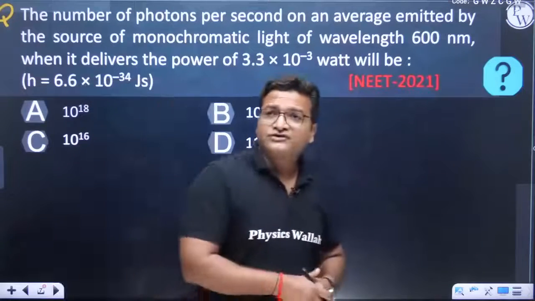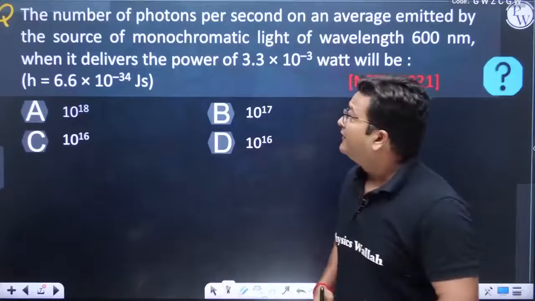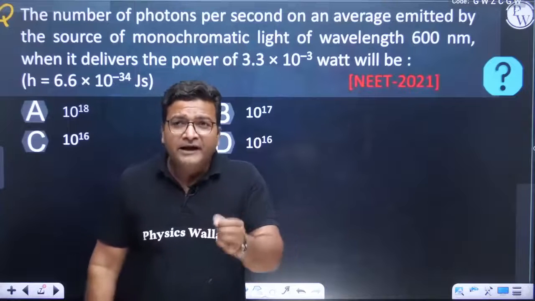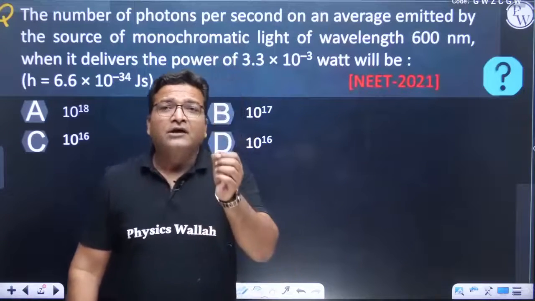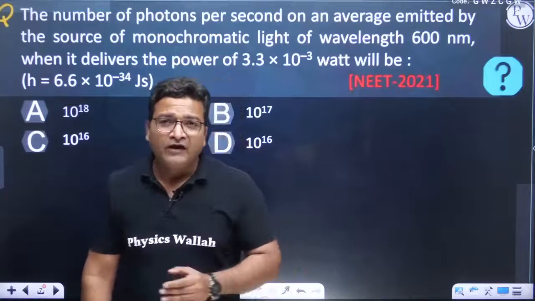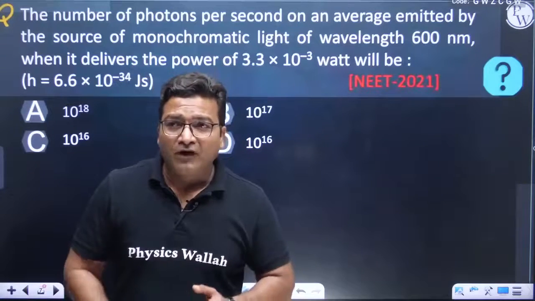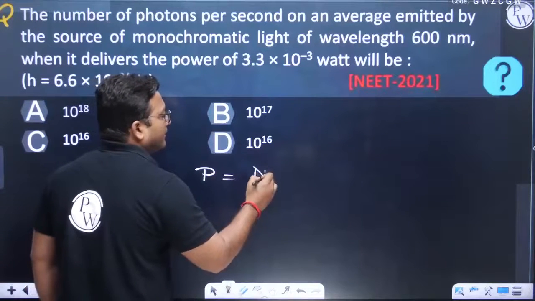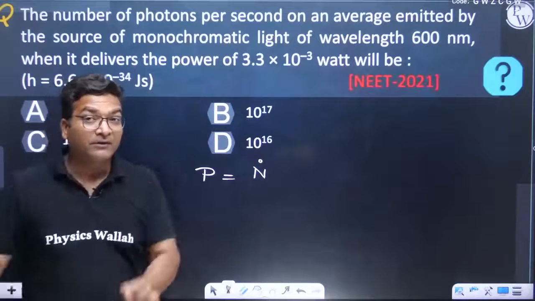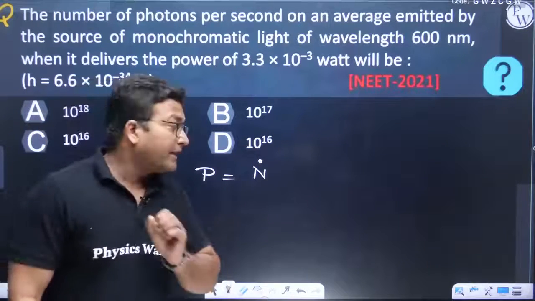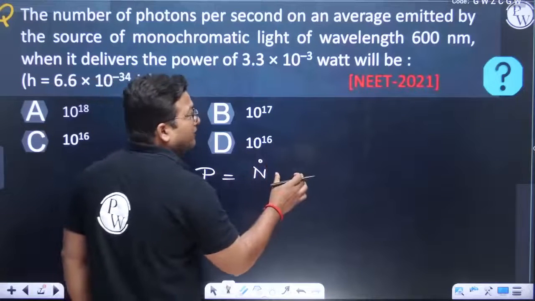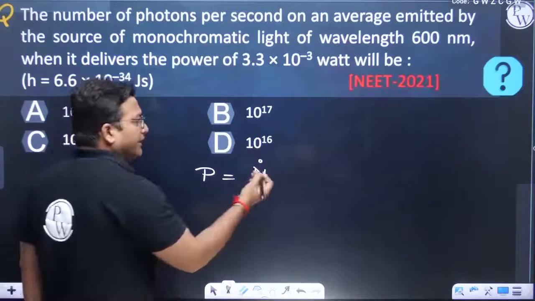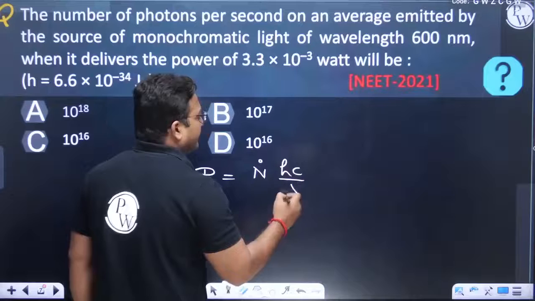Okay, so we have a simple question from NEET 2021. The question is: the number of photons per second on an average emitted by a source of monochromatic light of wavelength 600 nanometer, when it delivers power of this many watts, will be. So basically, as we already know, the power is n dot, the number of photons emitted per second, times the energy of one photon. As we are given the wavelength as 600 nanometer, the energy of one photon can be written as hc by lambda.